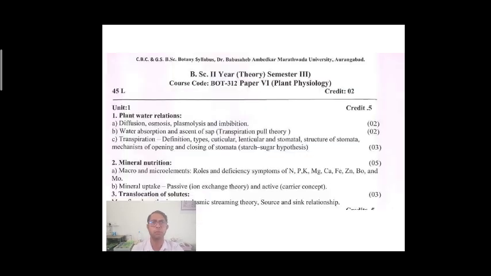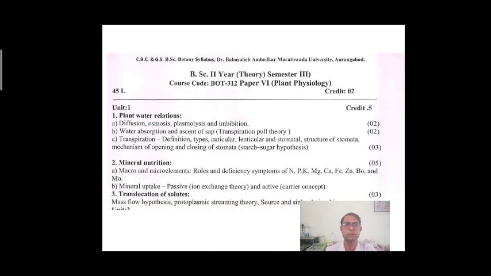Unit number 1 is plant water relation. Unit number 1 has 3 parts. The first part is plant water relation, the second part is mineral nutrition, and the third is translocation of solutes. These are the 3 parts included in the first unit.